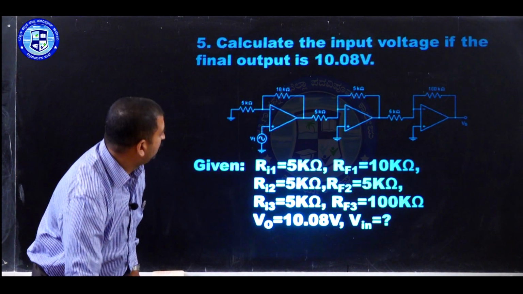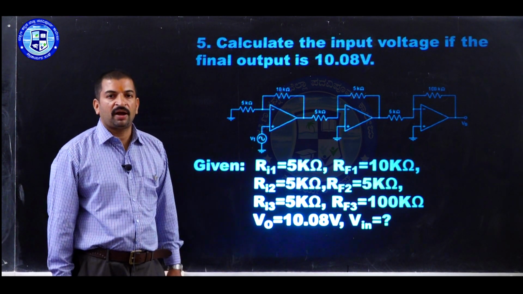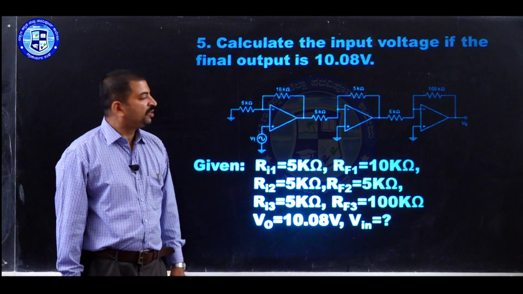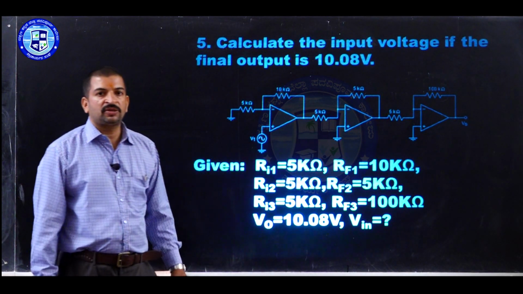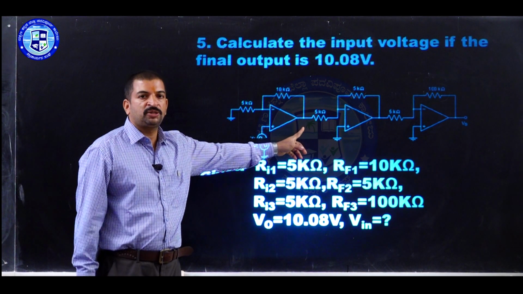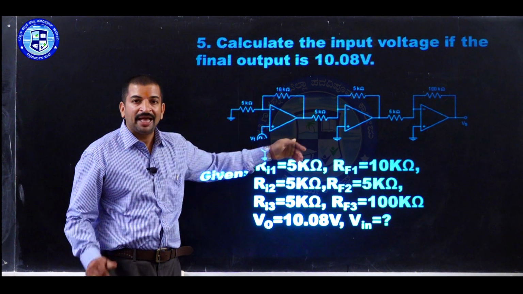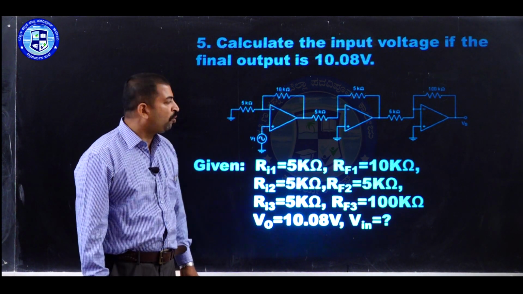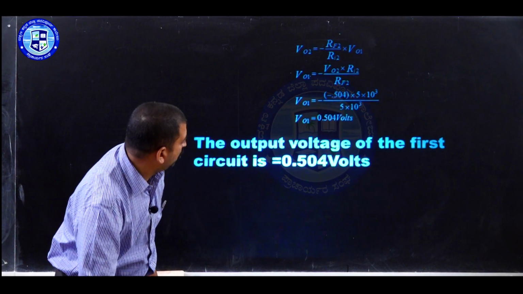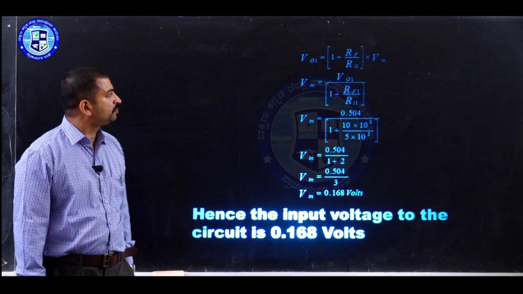Now look at the circuit diagram. The second circuit is actually the inverter or the sign changer. The output voltage of the second circuit is minus 0.504. Therefore, its input voltage should be plus 0.504. It is an inverter or the sign changer. Therefore, the output voltage of the first circuit is 0.504 volts. Let us calculate the input voltage of the circuit.